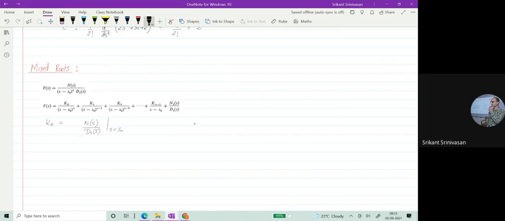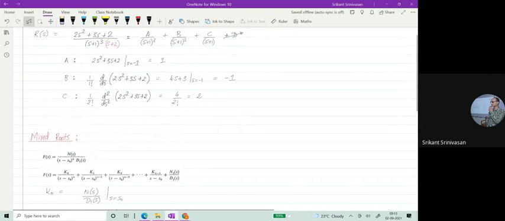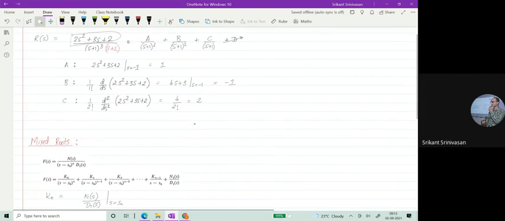If I want to find out K1, then that is numerator by denominator, differentiated. So you see, it is almost like the same procedure as above, where I take the differentiation. But in the earlier case, I took the differentiation only of the numerator.